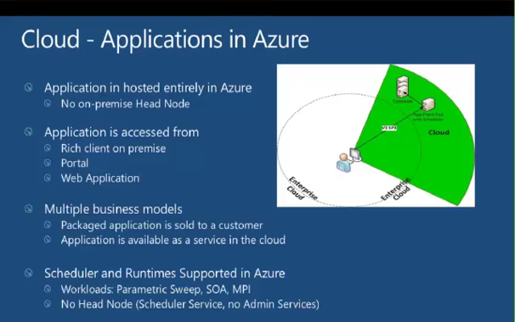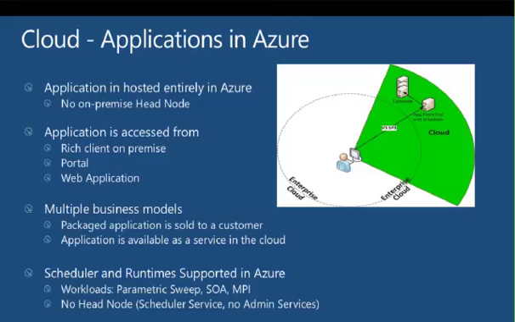What's new about the cloud is not simply being able to utilize a bunch of resources in the cloud, but also being able to access those resources much more easily. One of the interesting things that people tend to do is have their rich client, meaning that their client may have 3D rendering, connect onto Azure compute resources.